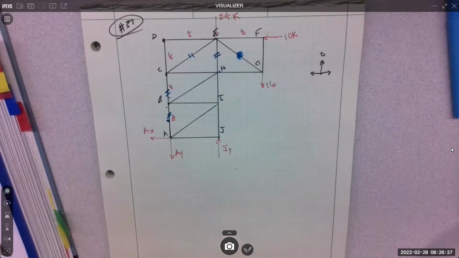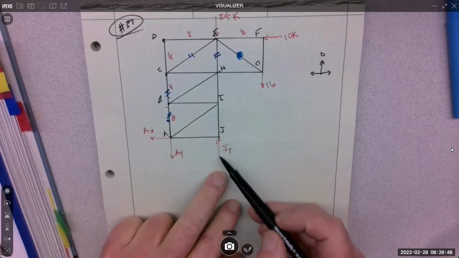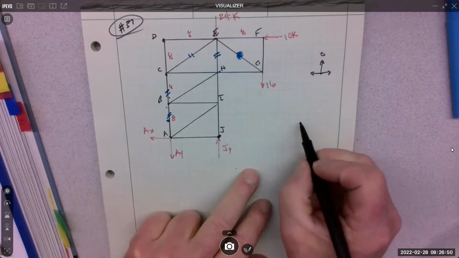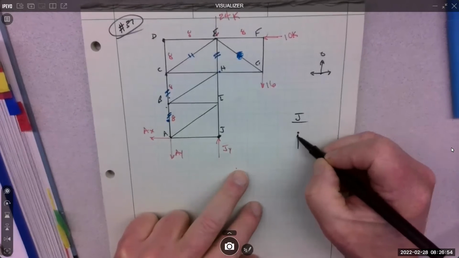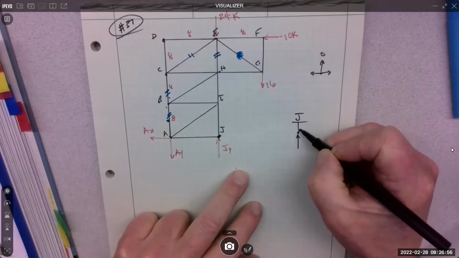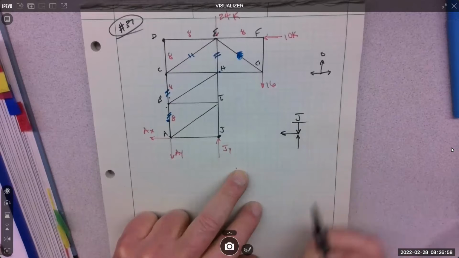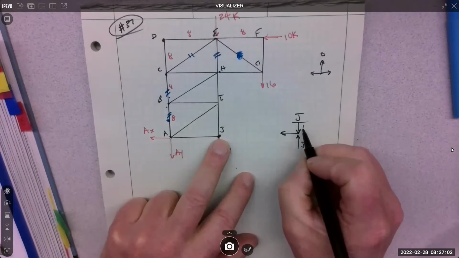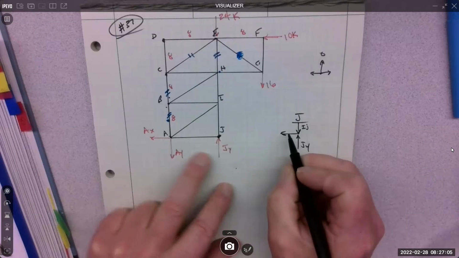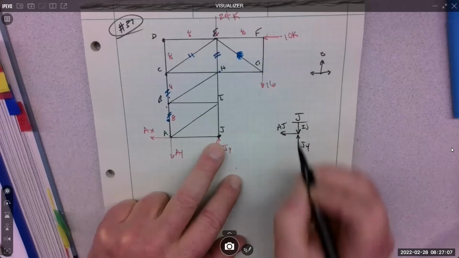So thinking about a joint analysis, if you can see a T in whatever position, that's going to be a zero force member. So there's one here. If I draw the free body diagram of point J, it's JY down here, IJ up here, and AJ here, right?